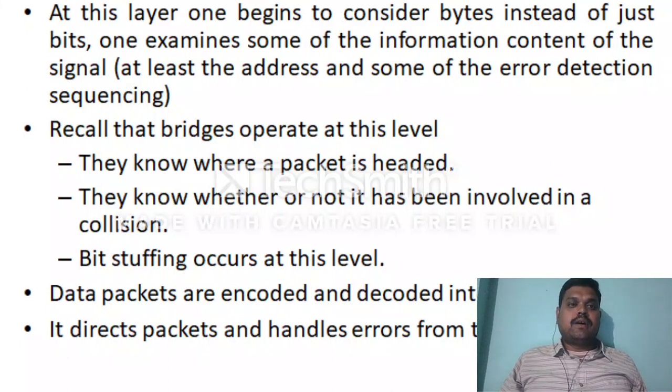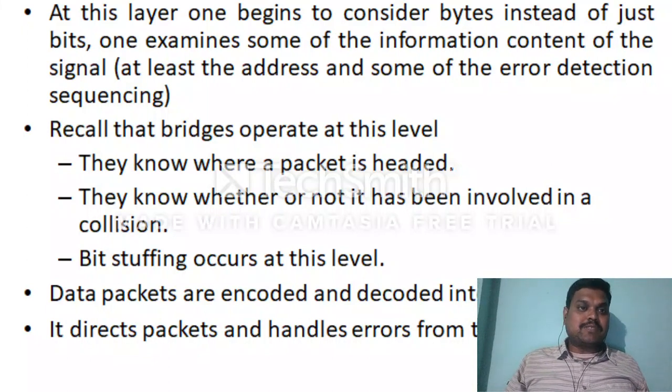One is the logical link layer, another one is the MAC layer, the media access control layer. The main functionalities of the data link layer are to encode and decode the bits, to map the MAC addressing, or physical addressing, of sending and receiving devices, to avoid collisions while transmitting the data, and to recover in case of any errors in the received data.